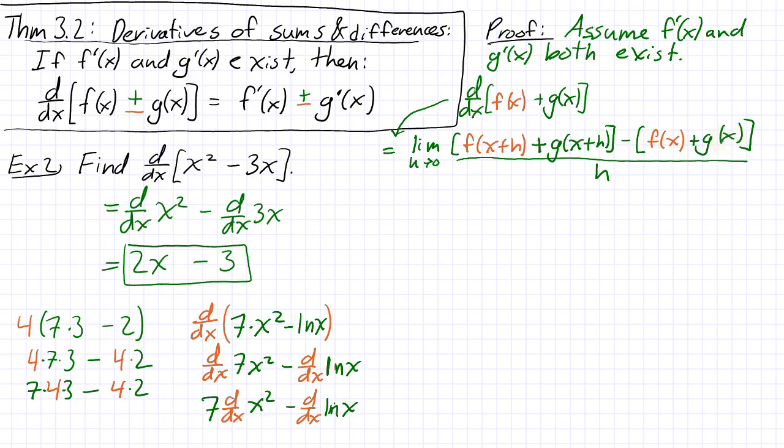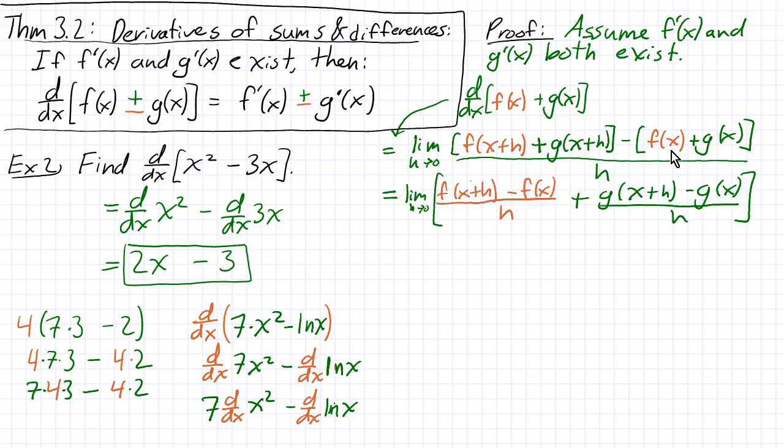And then you see we can put the f of x plus h minus the f of x together, and then put the g of x's together, and you get this result. So I did the f of x plus h minus f of x, and that was all over h, so I just put that in a separate fraction, and then I put the g of x plus h in with the minus after you distribute that minus in there.